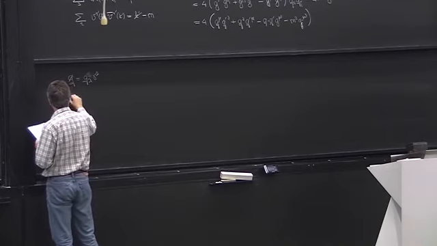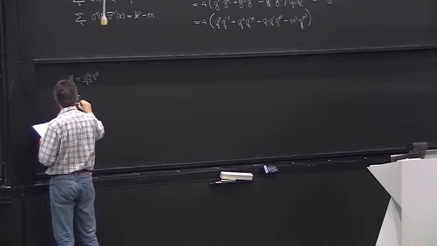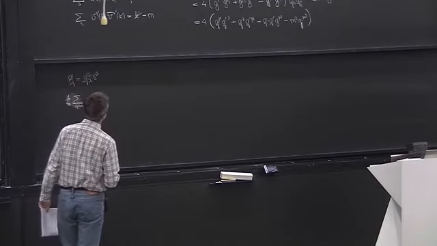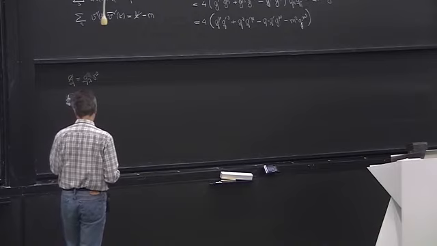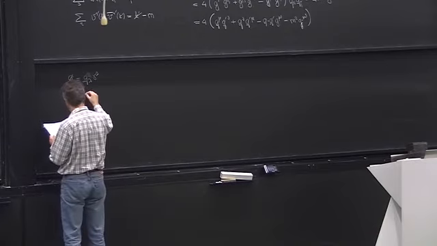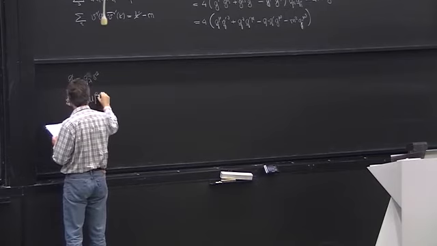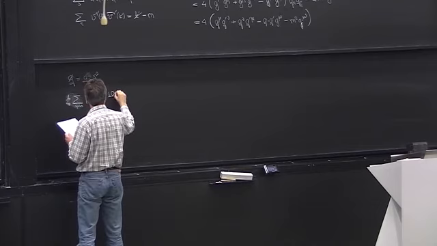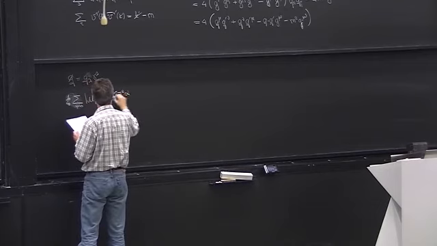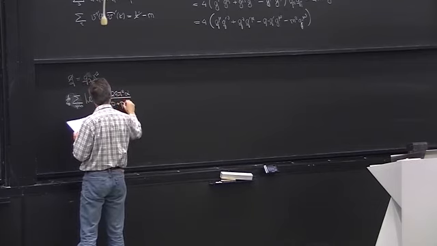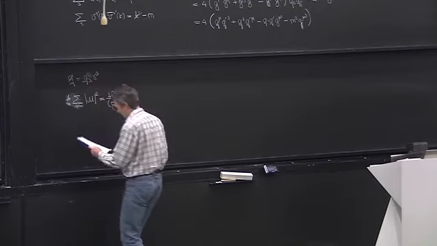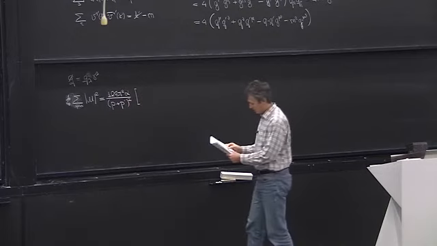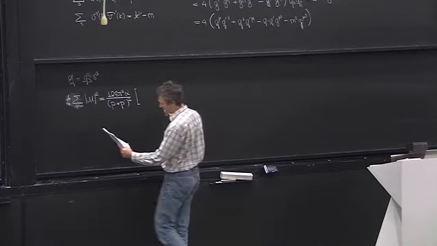So 1 quarter sum over the spins of M squared is then equal to 128 pi squared alpha squared divided by (p plus p prime) squared, and then times a bunch of products. Let me copy them from the notes.